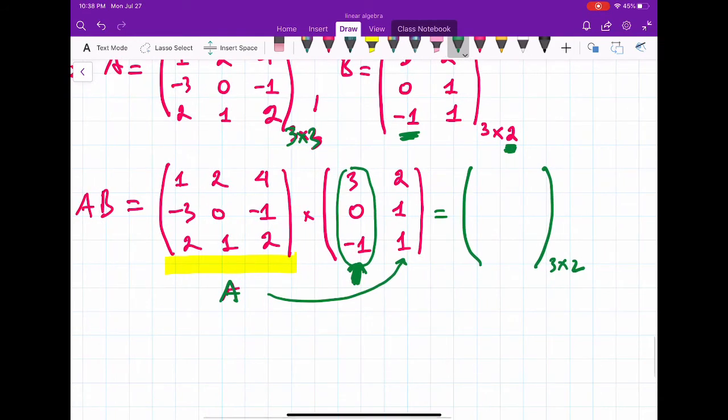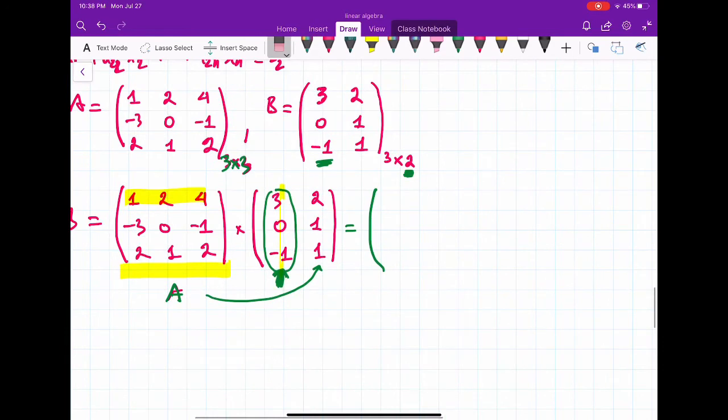All right. So let's multiply the first row with this column. Let me write in detail, okay? So I have 3 times 1 plus 2 times 0 plus 4 times -1, you see?